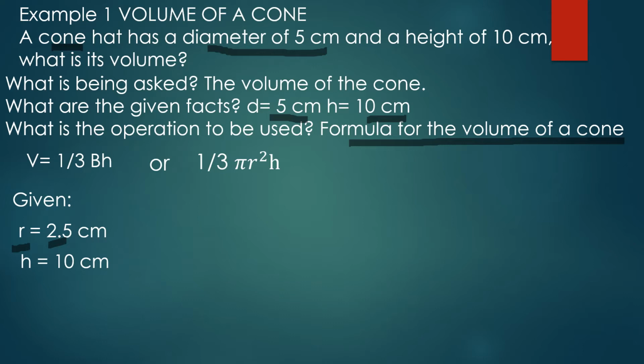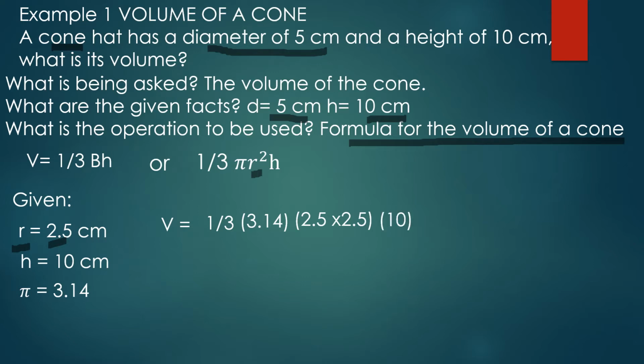So, now let us use the formula 1/3 of pi r square times height. So, ang pi natin ay 3.14. That is constant. So, volume equals 1/3. Ang ating radius ay 2.5. Radius to the second power is 2.5 times 2.5.